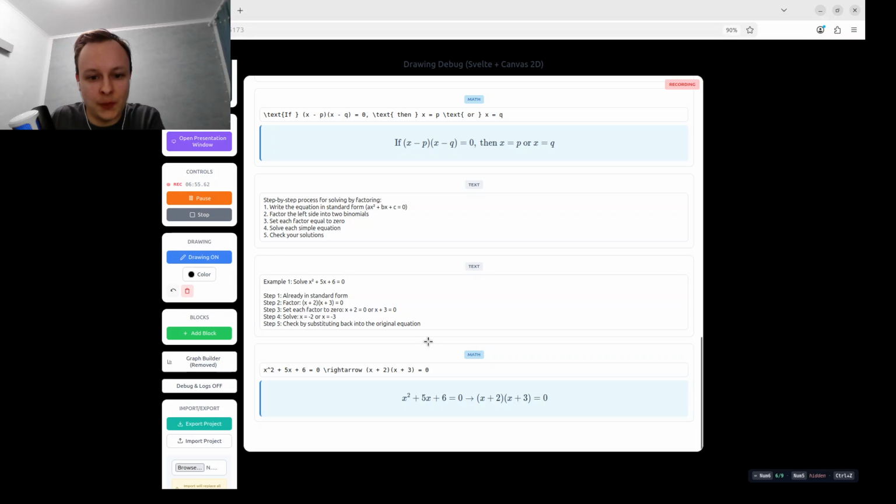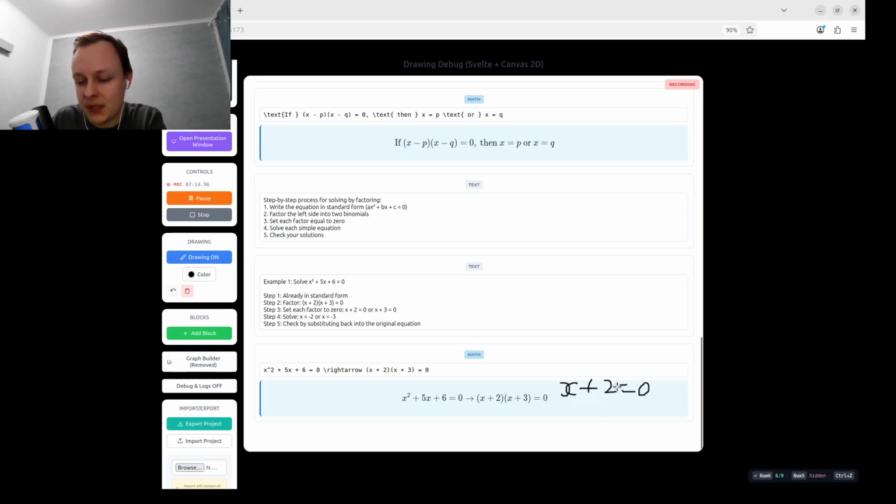So what do we do next? Next we just independently solve these parts as simple equations. We have x plus 2 equals 0.